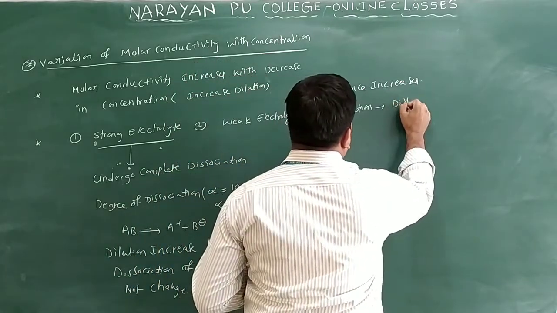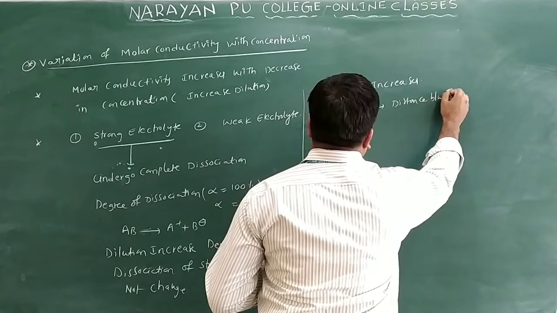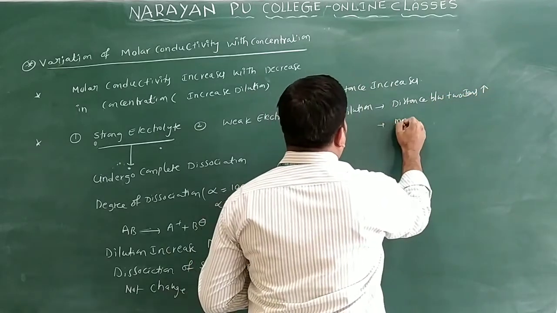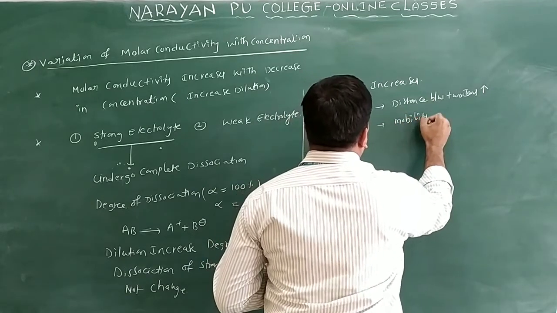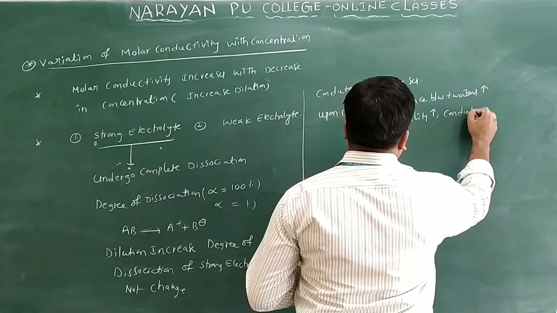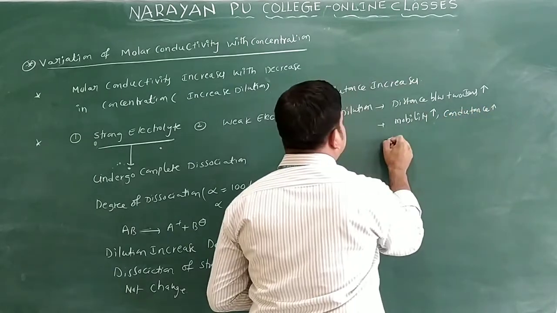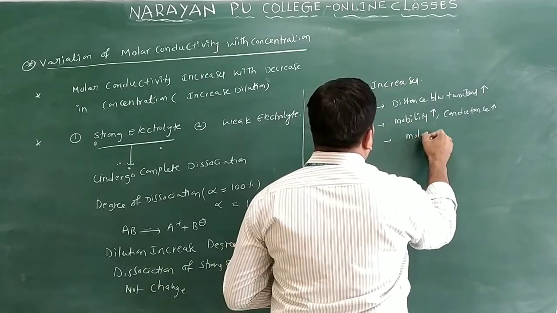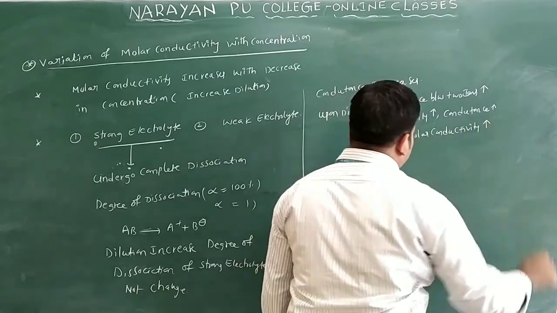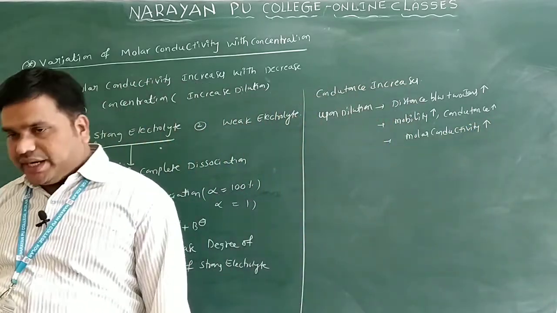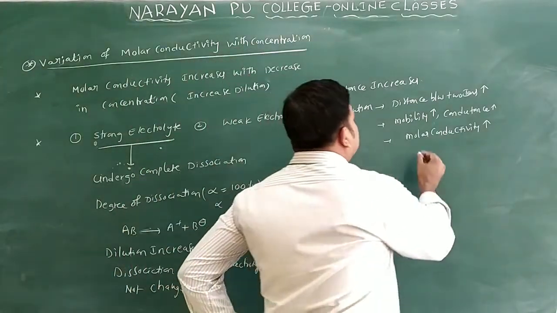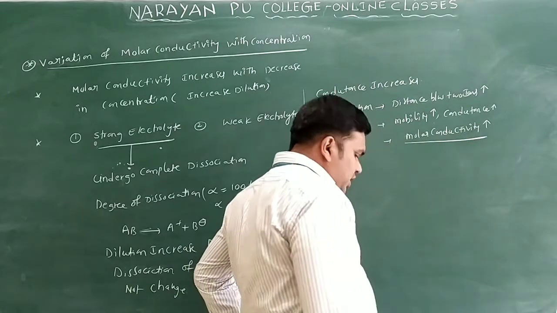Then you can say mobility increases, conductance increases, and one more, molar conductivity also increases. So this is regarding strong electrolytes only. But here, how the molar conductivity increases, we will say in the form of a graph only.